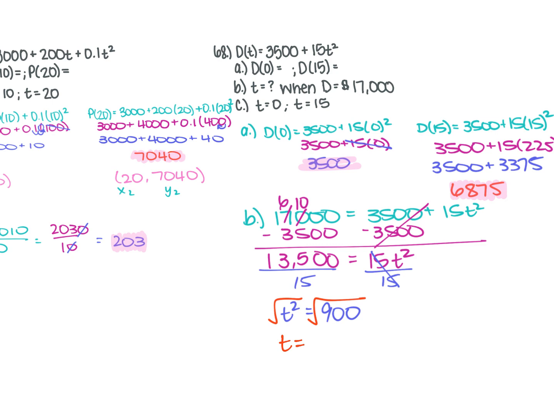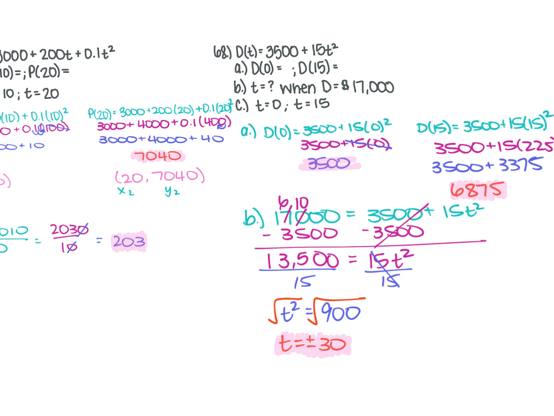The square root. Remember, it's 9 times 100, so 30. You took the square root of both sides, so it's not just 30, but also plus or minus 30. Do we use calculus? No, you're not going to have a problem with numbers this big.